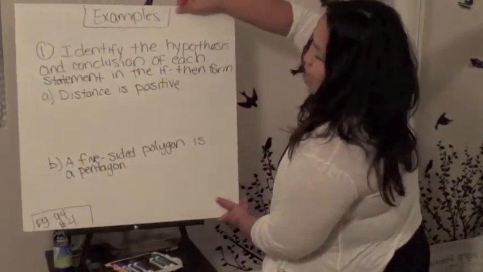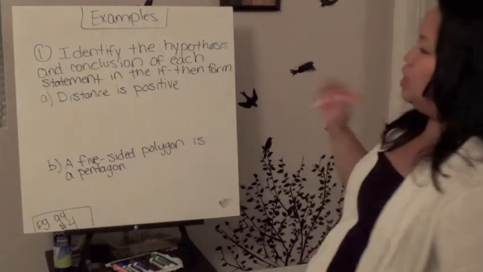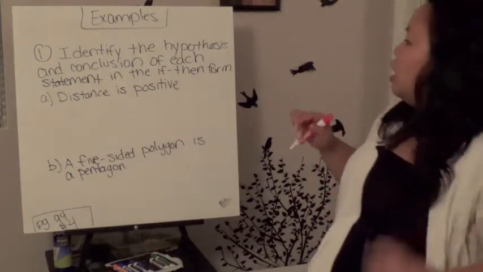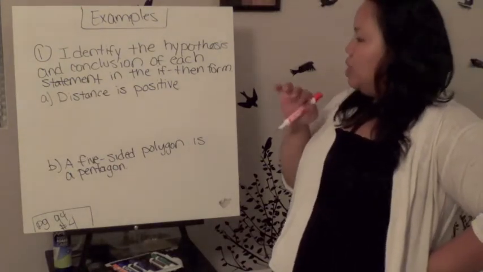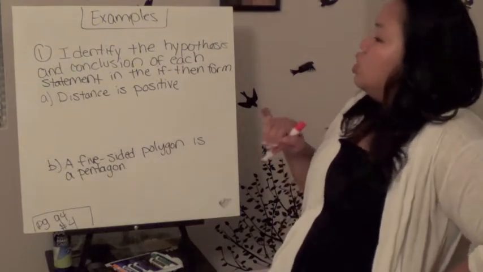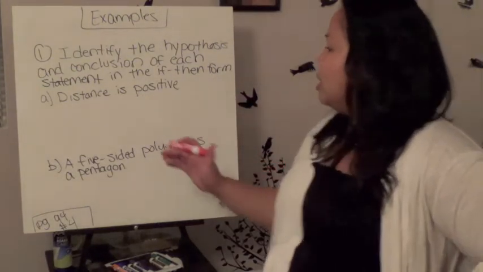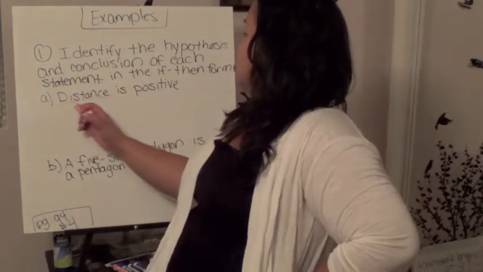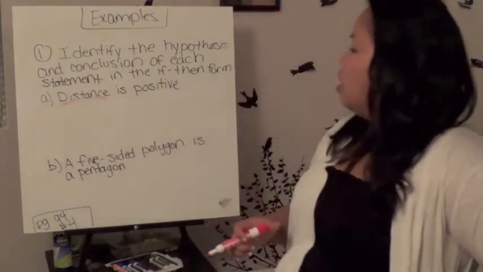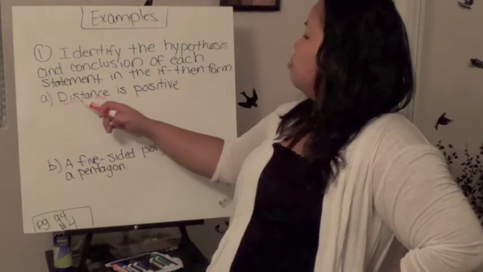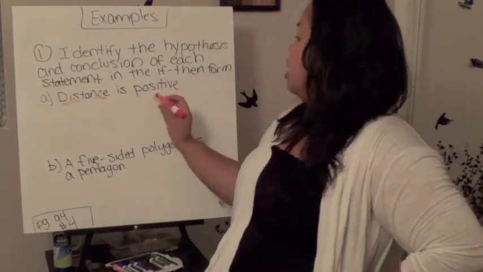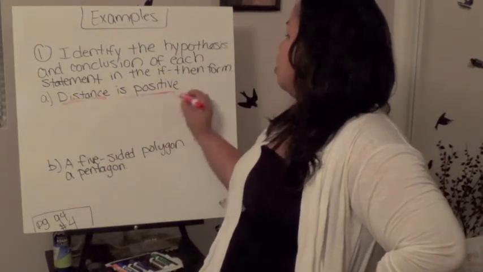So our first example is to identify the hypothesis and conclusion of each statement in the if-then form. So basically this is saying distance is positive. So distance is my hypothesis, and is positive is my conclusion.